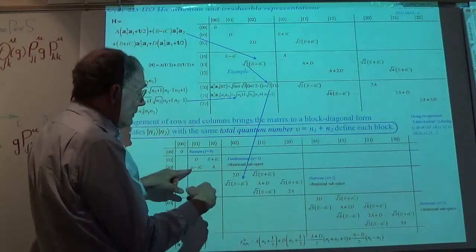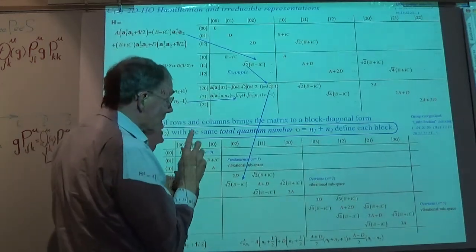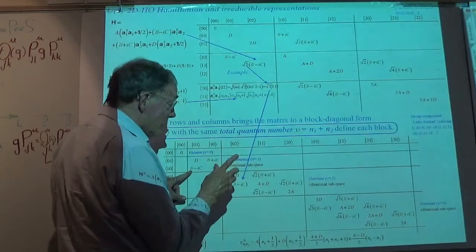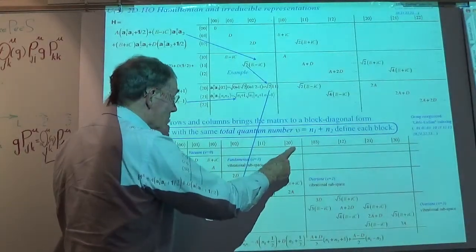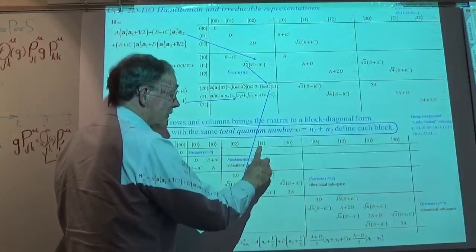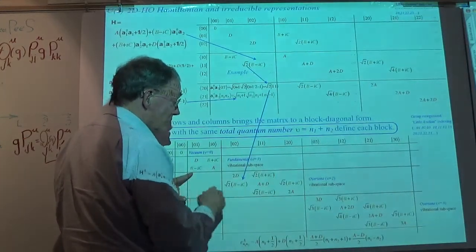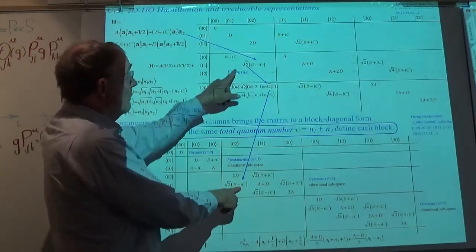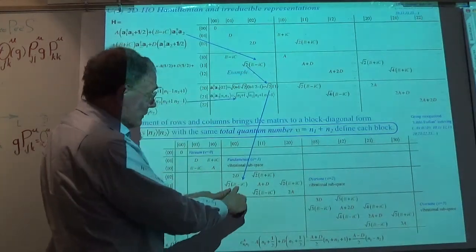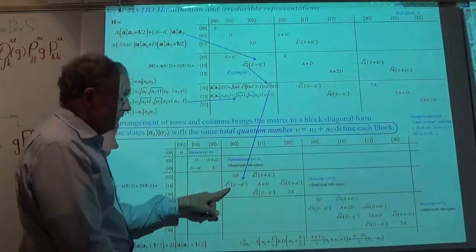Then the next stop is, if I'm allowed to have the sum of them be equal to 2, there are three ways to do that. 0, 2, and 2, 0. But then there's another possibility, and that's the 1, 1. So that makes up a 3 by 3 matrix, and we just worked out one of the components of it. The one that goes with B minus IC is sitting there.